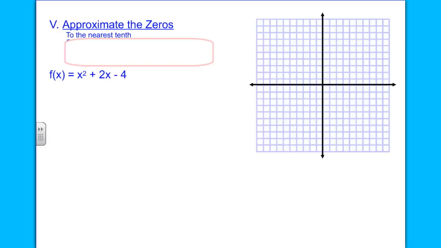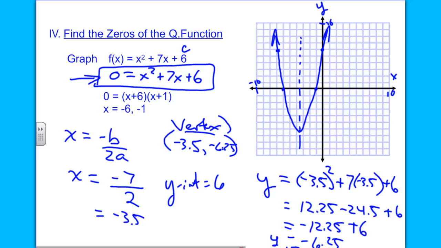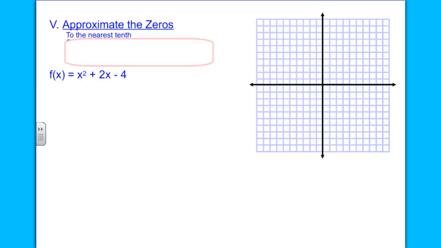Like we saw here, our x-intercepts were at -6 and -1, beautiful integers, where the blue lines intersect on a piece of graph paper. Not all parabolas are that beautifully intersecting. Sometimes the x-intercepts are between a couple numbers.